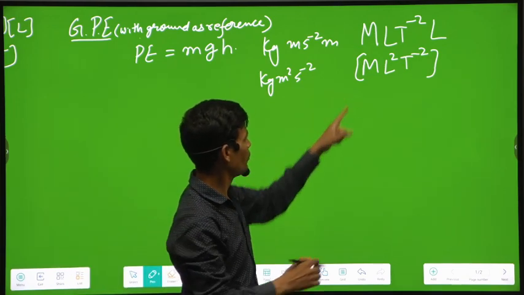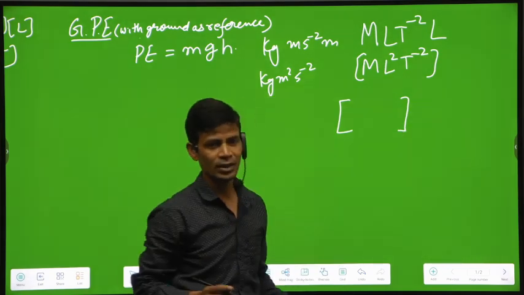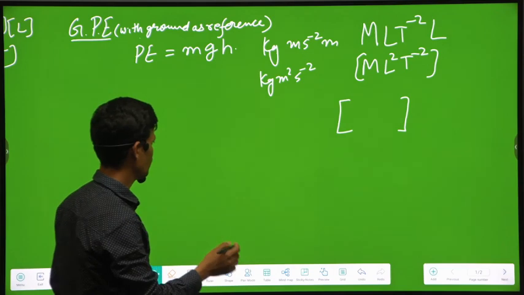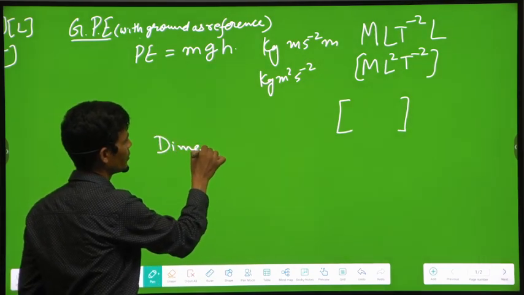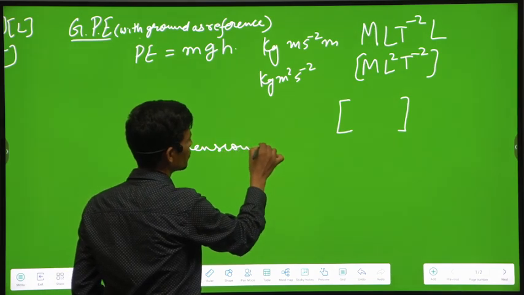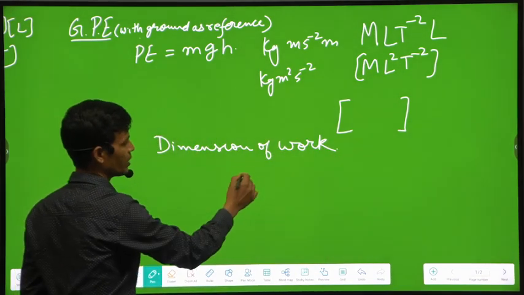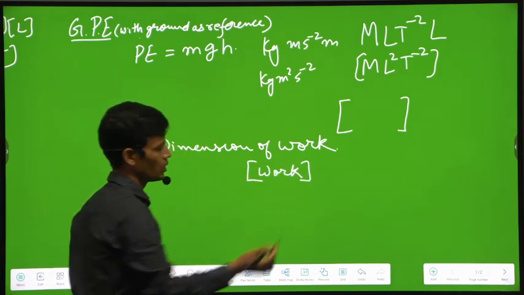Okay, I just missed that part. Whenever we put this square bracket, it means we are dealing with its dimension. So if I write dimension of work, instead of writing this, I can put a square bracket.